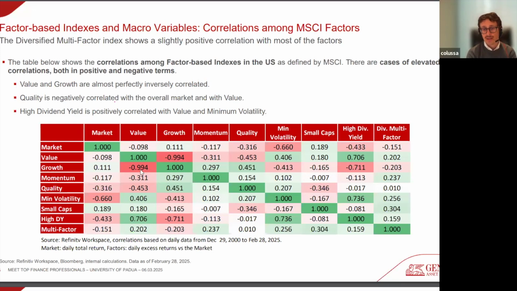But in general, there are other interesting observations. For high dividend yield and minimum volatility stocks, you see the correlation is quite elevated, about 0.7, on the penultimate line. Yeah, exactly. These stocks are usually ones that thrive in a stable environment.